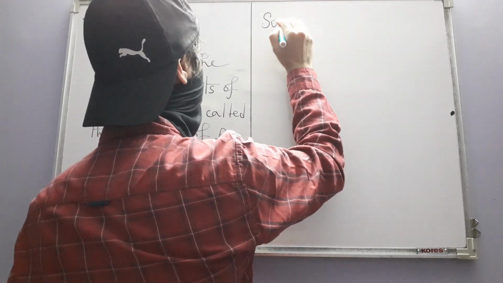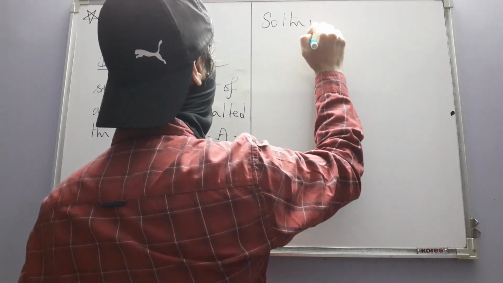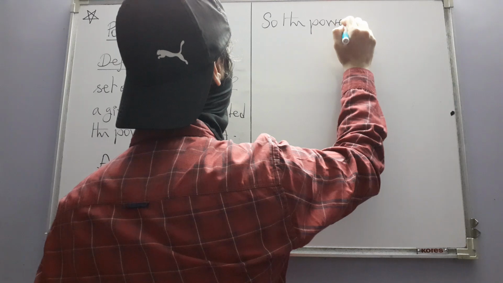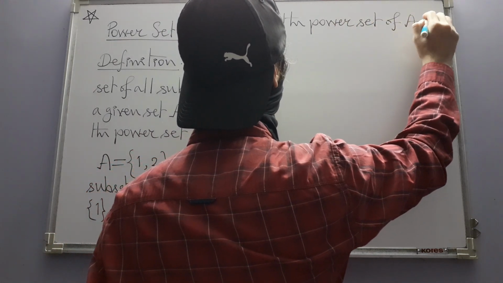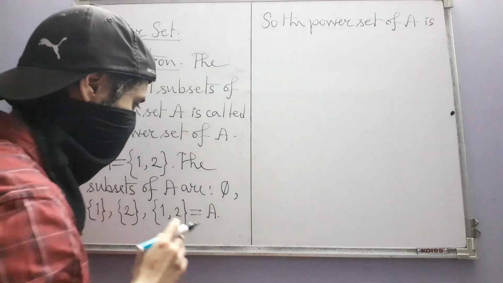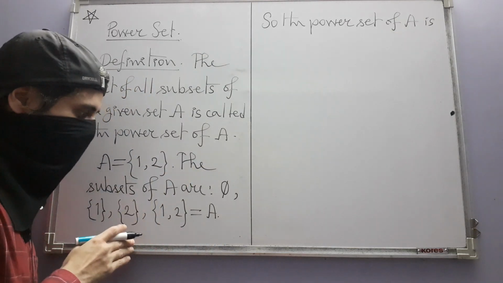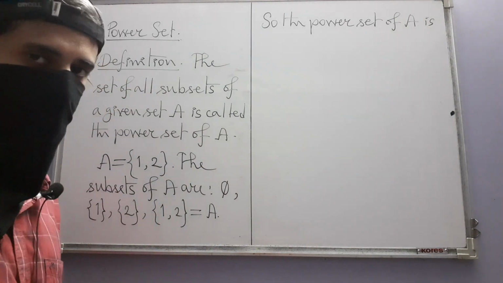So, the power set of A is, because we have all the elements, we can use the roster method.